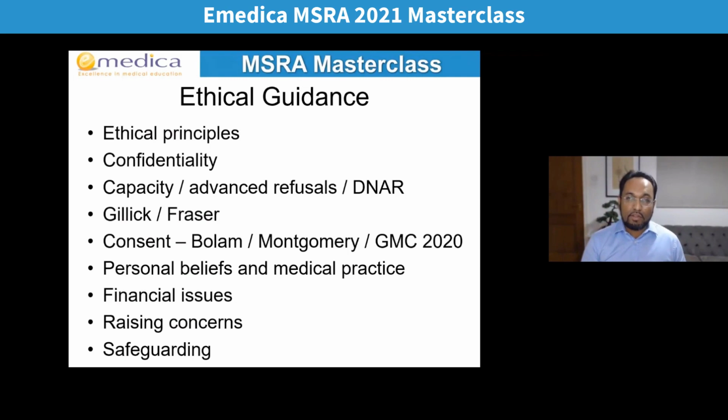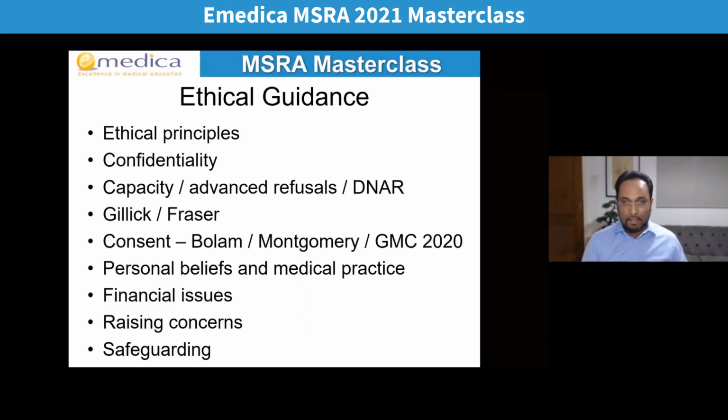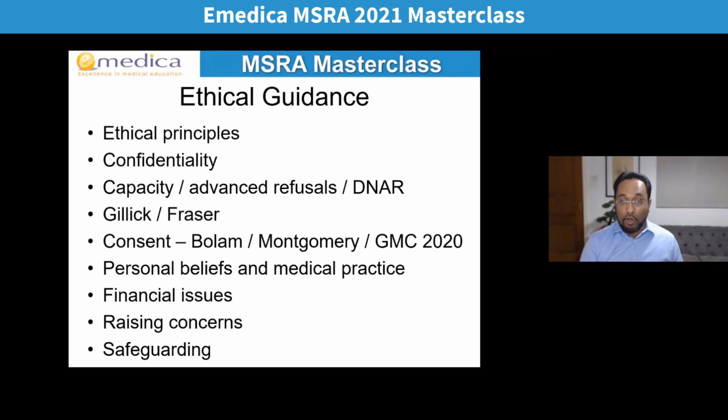In terms of ethical guidance, you want to know about the biomedical ethical principles: autonomy, beneficence, non-maleficence, justice, distributive justice, and how they would be applied. The rules around confidentiality, when we can and can't breach, when we have a duty to release confidential information, capacity, advanced refusals, do not attempt resuscitation, end of life care, the ethical guidance on that, Gillick competence, when the Fraser guidelines also apply, consent.